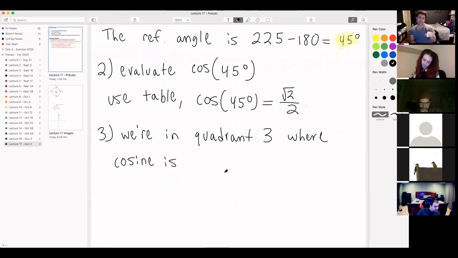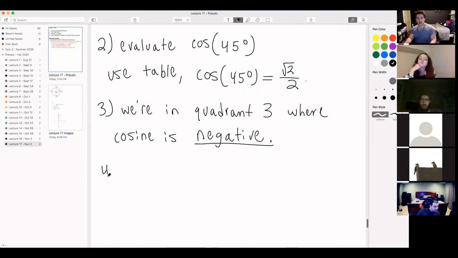All students take tangent is positive in quadrant 3. All the rest of them are negative, so cosine will be negative. The only trig functions that are positive in quadrant 3 are tangent and cotangent. Cosine will be negative. All right, now we're done.